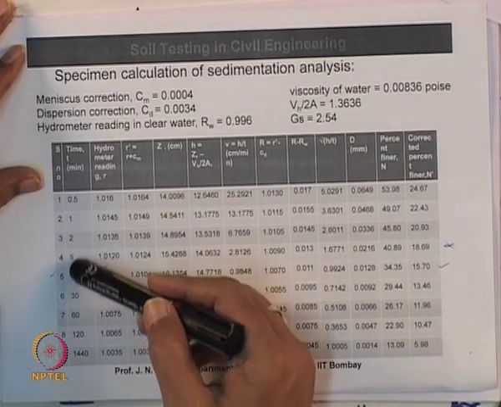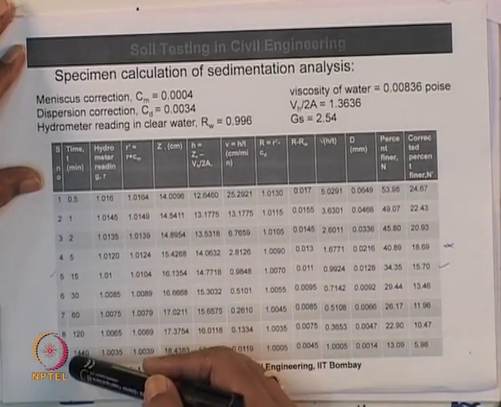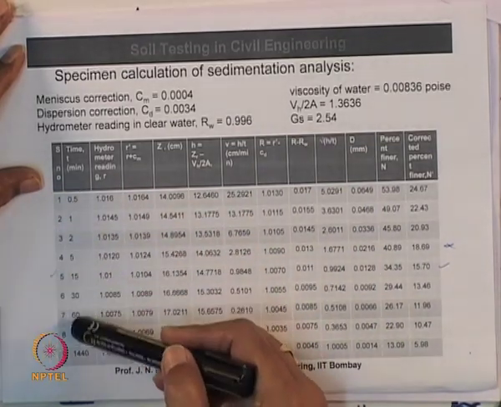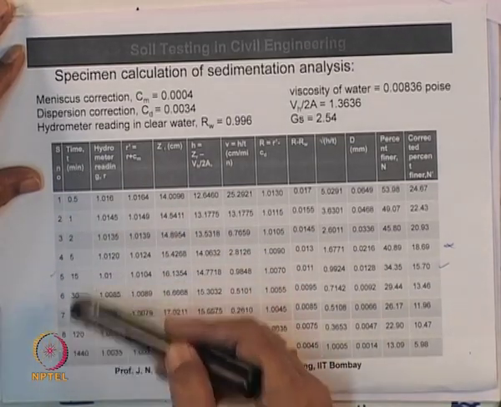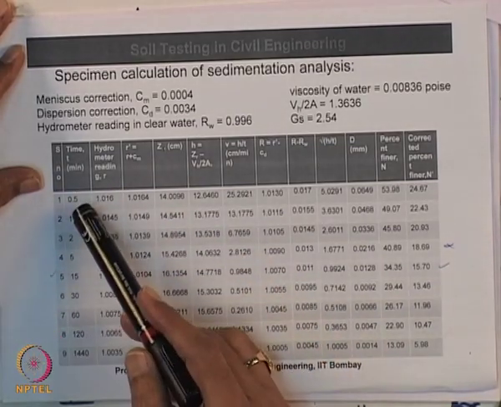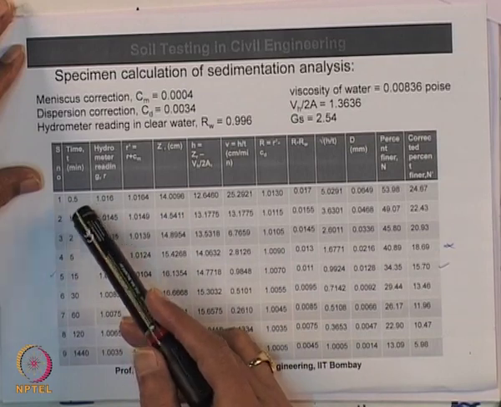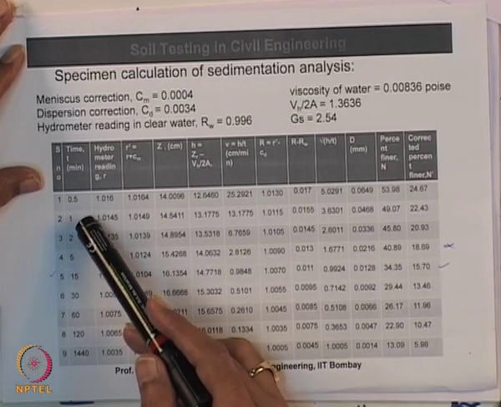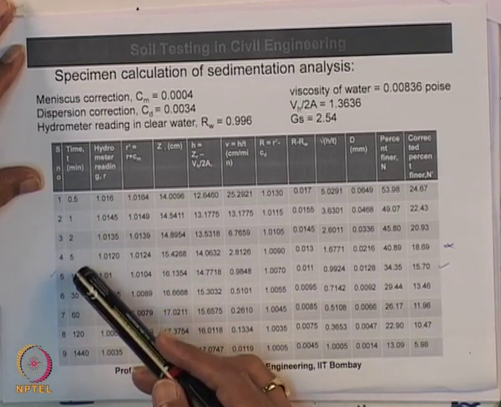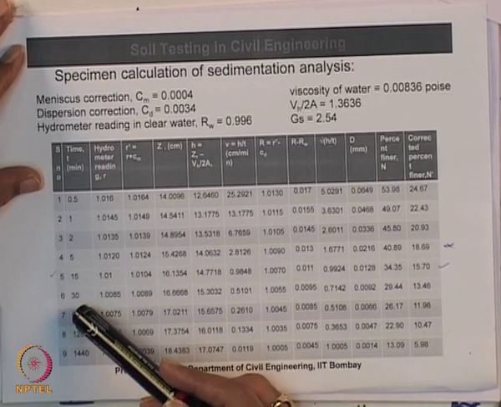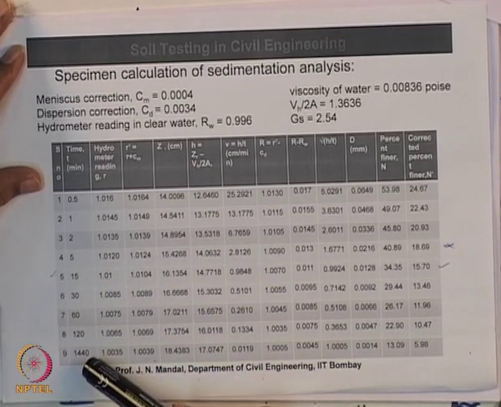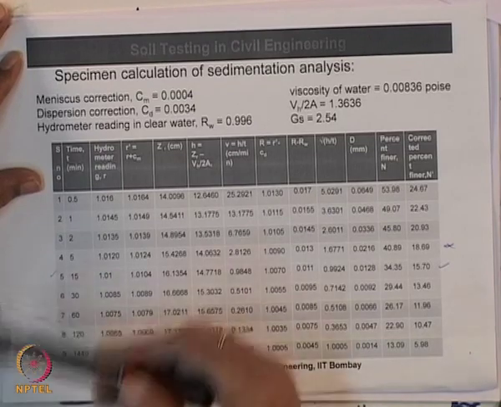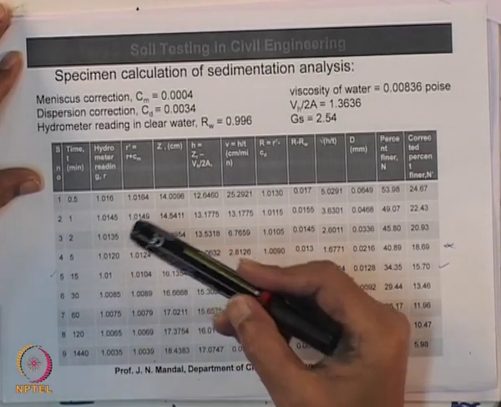So, you have to take the reading at particular times. It starts at 0.5 minutes, then after that 1, 2, 5, 15, 30, 60, 120 and 240 minutes. Like that you have to continue.